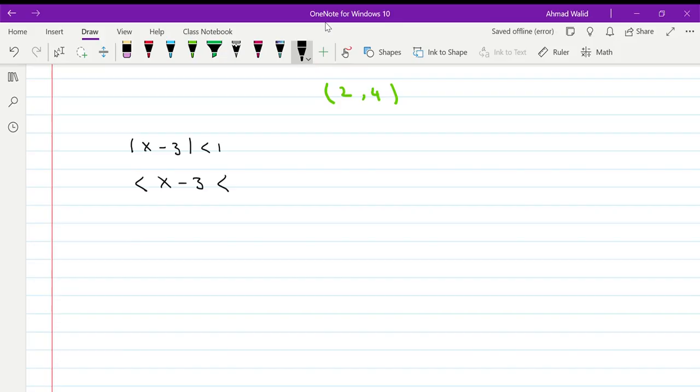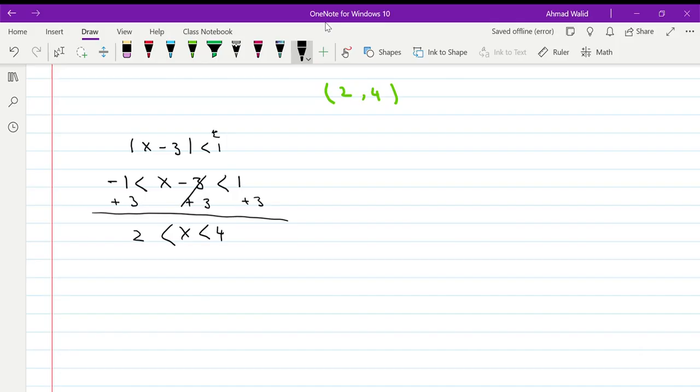Whatever the sign is, copy it that way, but put it on both sides. On the right side, use the positive number. On the left side, use the negative number. You already know how to deal with compound inequalities, correct? Add 3 to all sides. X less than 4, greater than 2.